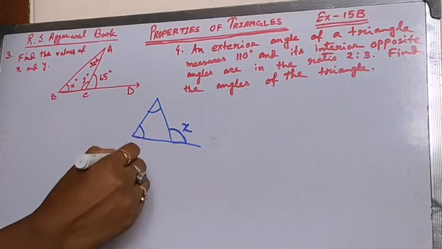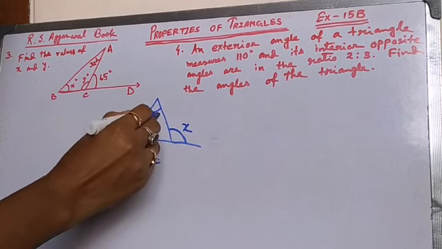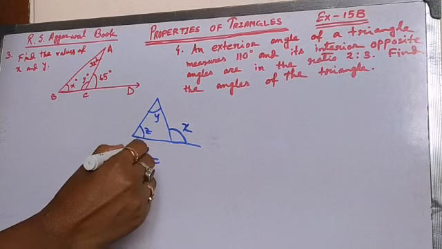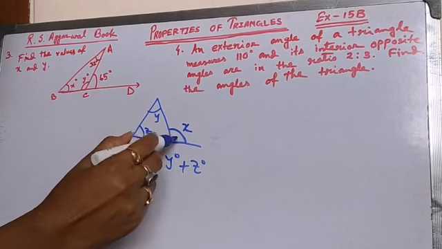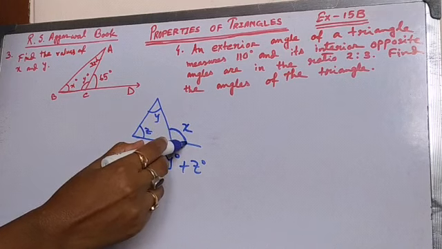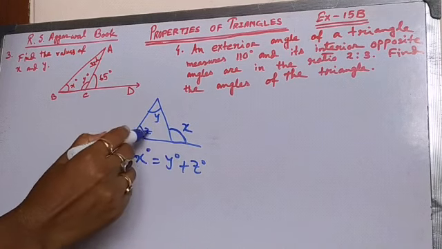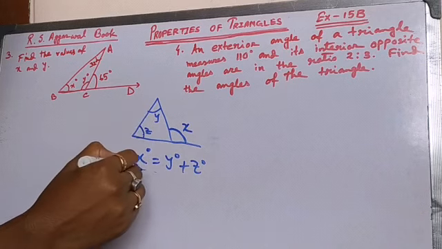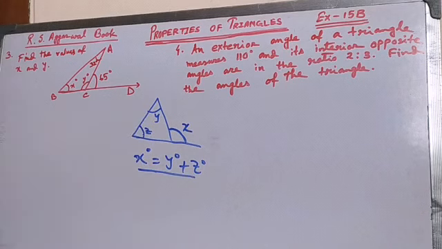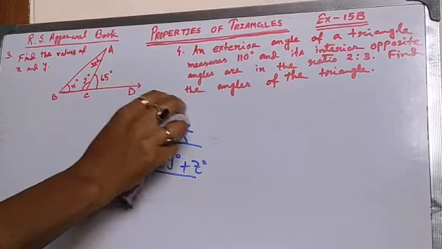Suppose this is x, this is y and this is z, so x degree equals y degree plus z degree. That means the exterior angle is equal to the sum of the two interior opposite angles. So let's start the sums.